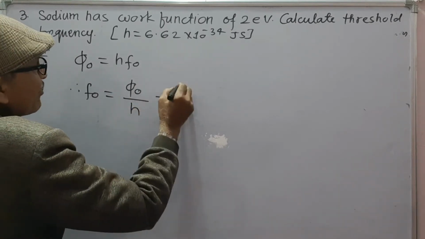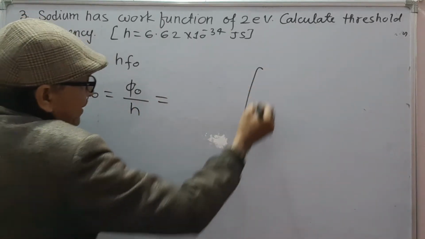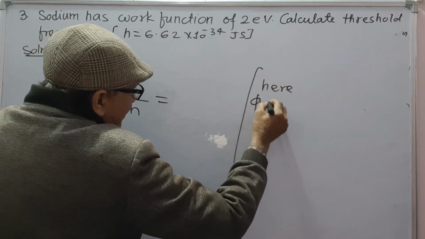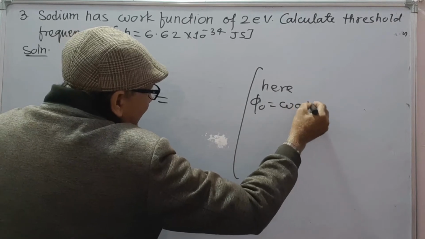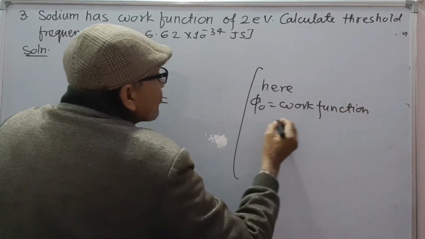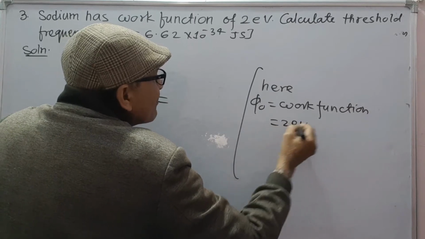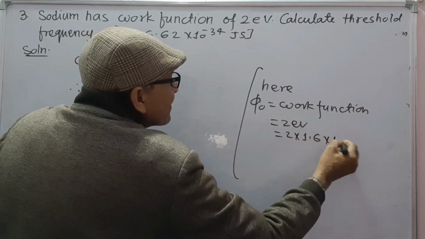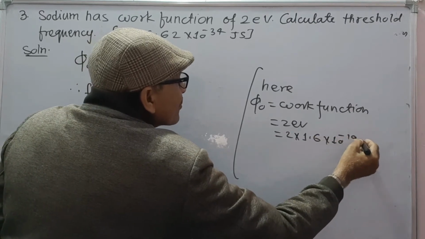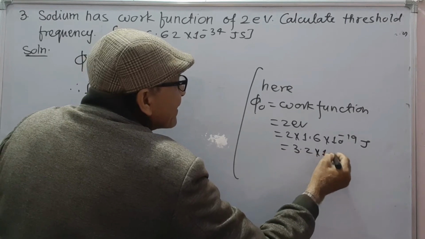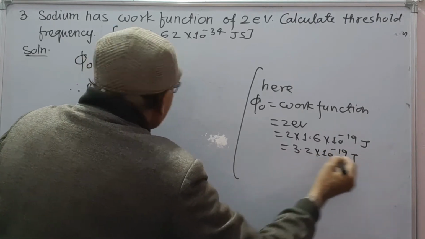Phi naught, which is the work function, is given to be 2 electron volt, meaning 2 × 1.6 × 10^-19 joule, which is 3.2 × 10^-19 joules.